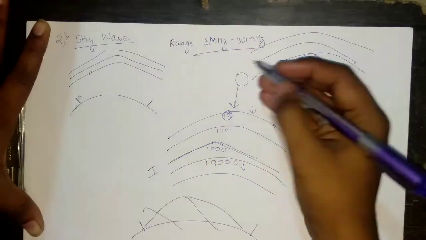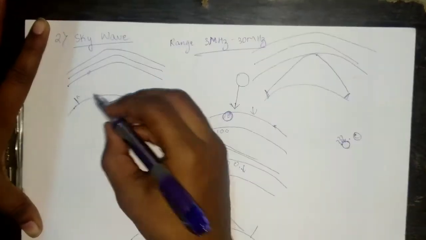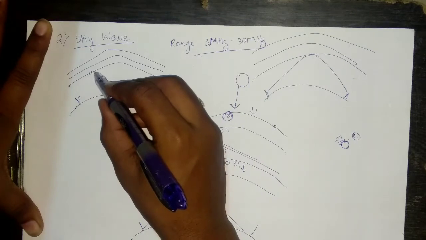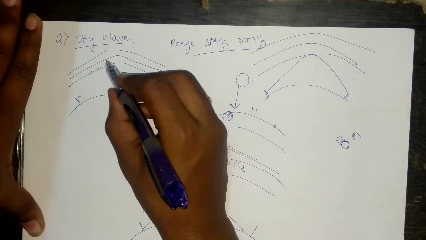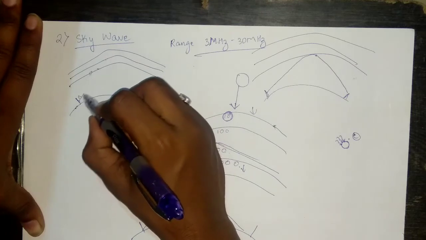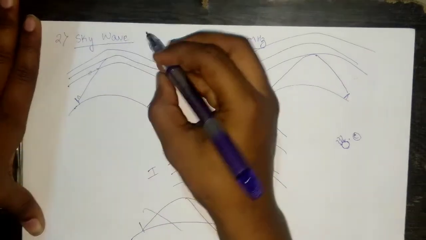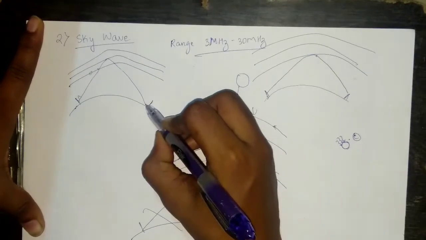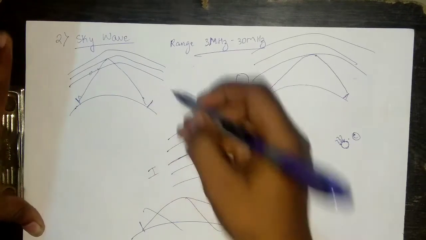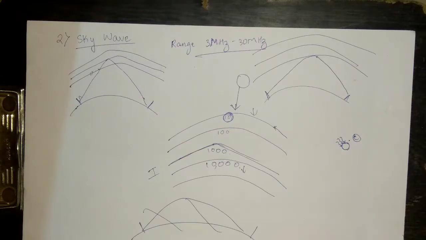If the frequency is 20 megahertz, the waves will penetrate through the first layer of the ionosphere, but will be reflected from the second layer. If the frequency is less, it will travel less distance.